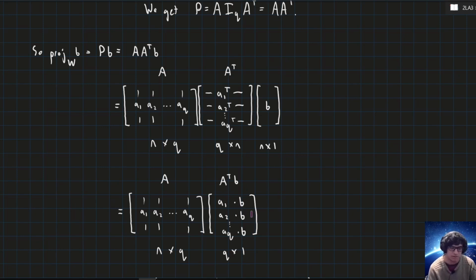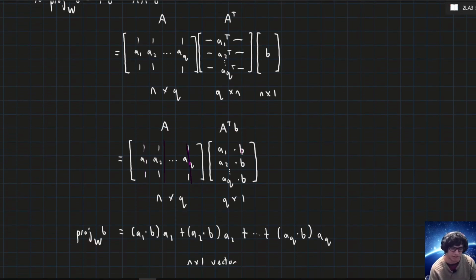Now we still have to multiply it by A. So now I'm going to use the column rule for multiplying A times a vector, because we have columns over here, and so it's easier to think of it like that. So how does this work?